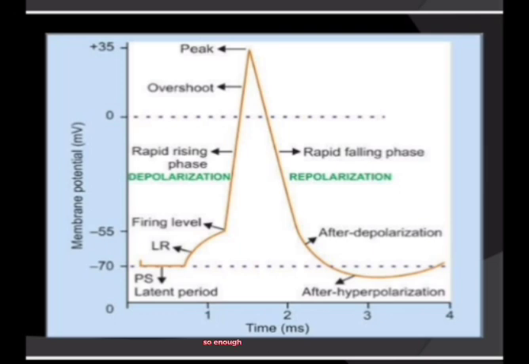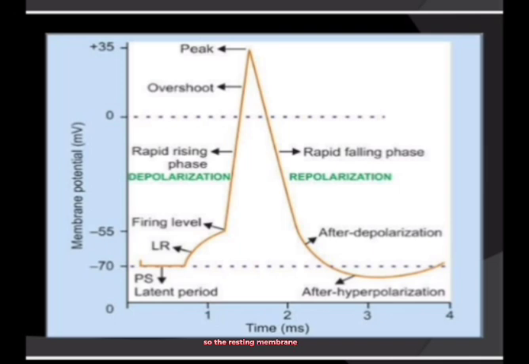Alright? The resting membrane potential of a nerve cell is minus 70 millivolts.